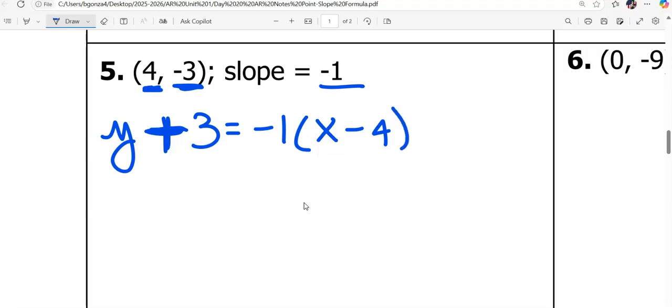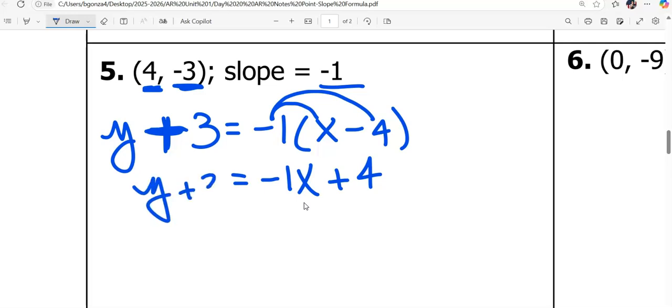Okay, first step is to distribute. -1 times x is -1x. -1 times -4, a negative times a negative, +4. Bring down y +3. And how do I get rid of the +3? -3, -3.